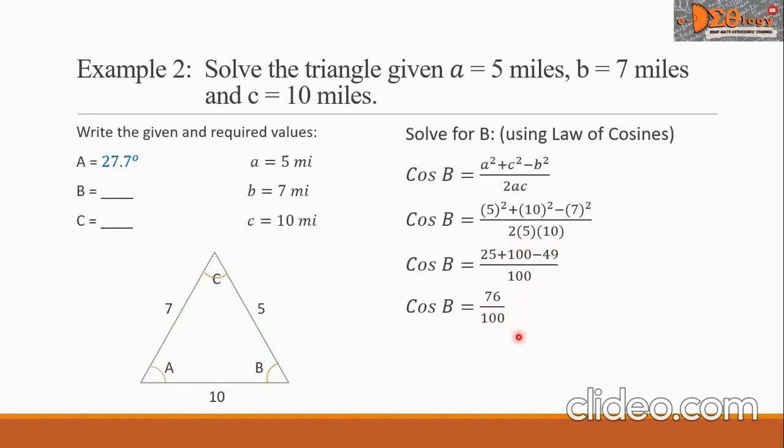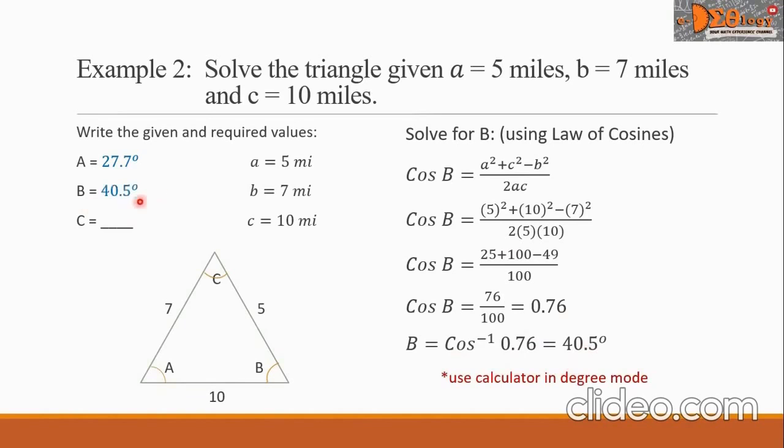Getting the quotient, we will get 0.76. And the angle B is equal to the cosine inverse of this decimal value, 0.76. Again, don't forget to use the calculator in degree mode. And the angle B is equal to 40.5 degrees. This value we will copy on the blank in here, so we have B equals 40.5 degrees.